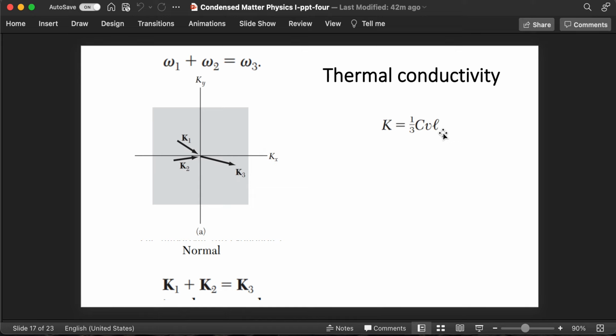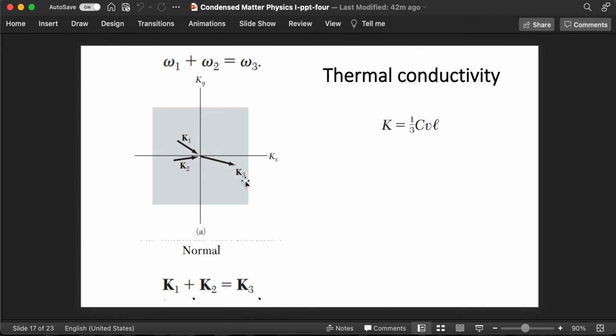Now if I consider a process such as this, that is two phonons K1 and K2 combining to give you a third phonon K3, and the energy is getting added up like this, and the wave vectors are short, so I can represent it within the first Brillouin zone like this, and the resultant wave vector is also inside the first Brillouin zone. Now this kind of representation means that if I have an arrow pointing towards the zone center, those phonons are getting annihilated, and you are creating a new phonon.